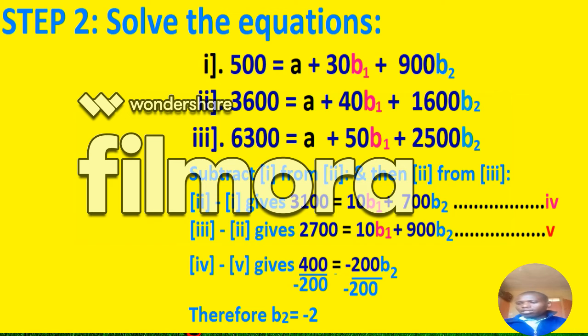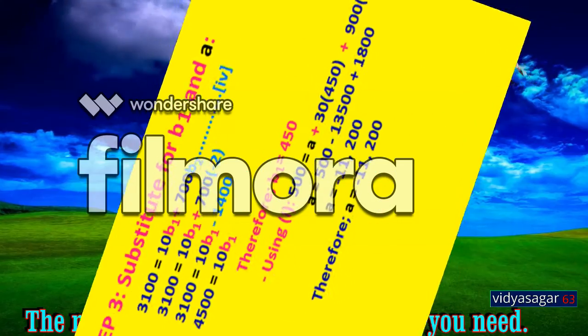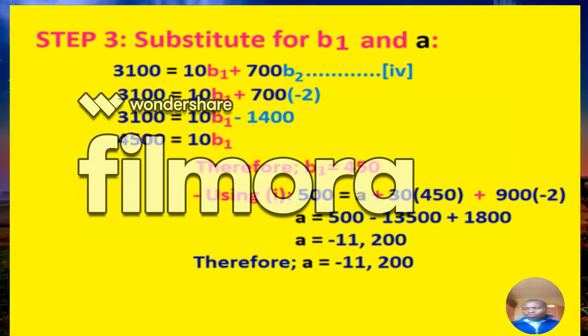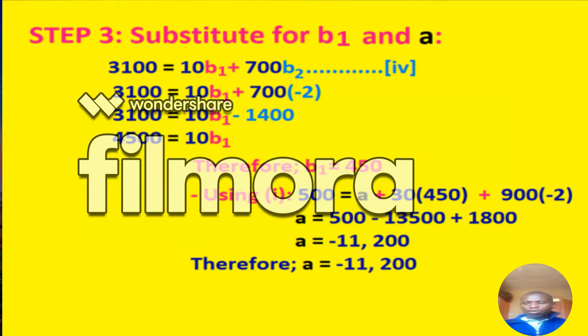Now arrange equation 4 and equation 5 and compare. Something is common between the two: 10b1 is common, so you can subtract equation 5 from equation 4 and end up with 400 equals negative 200b2, and you can easily make b2 the subject and get the value of b2 to be negative 2. Then you proceed to substitution for b1.